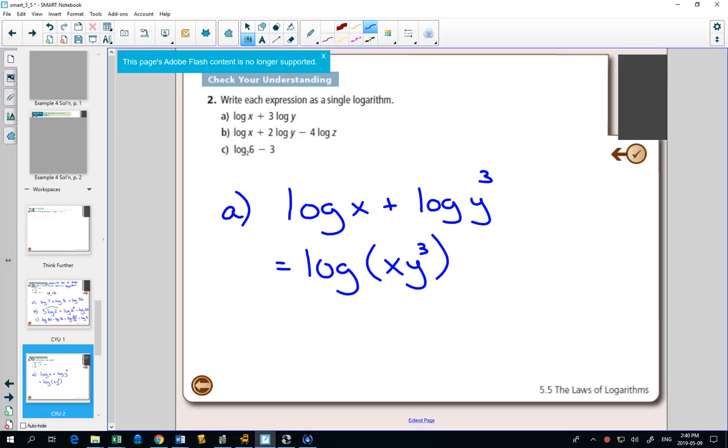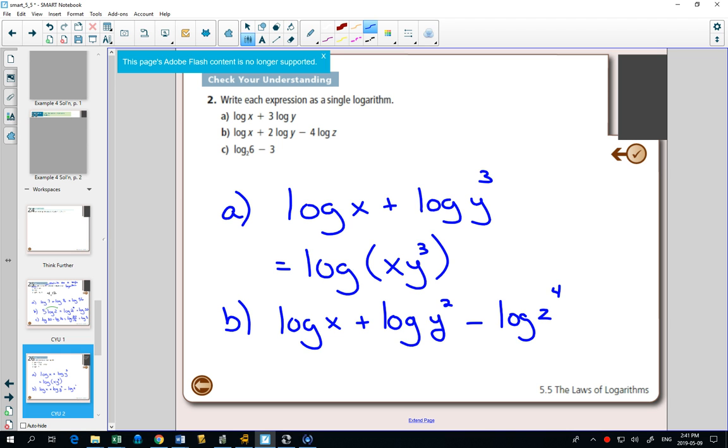In part B, again, we have log x plus 2 log y minus 4 log z. Those numbers in front can't be there to use any of our log laws. So as a first step, that 2 can go in as an exponent, so it becomes y squared, and that 4 can go in as an exponent to become z to the 4.